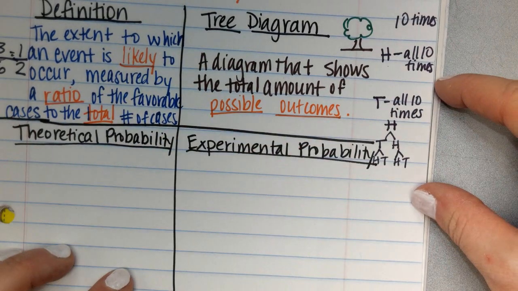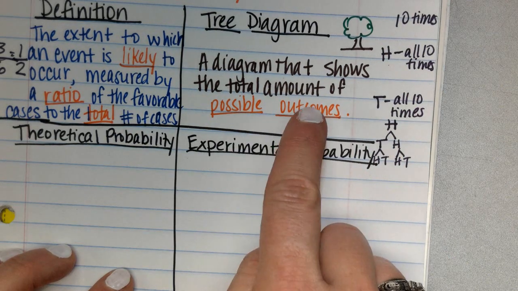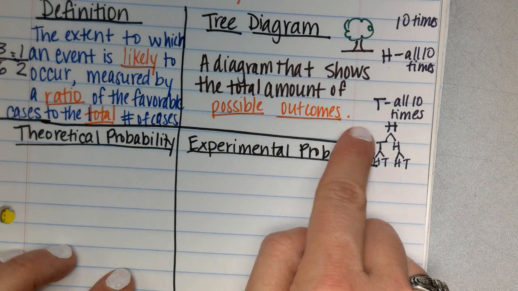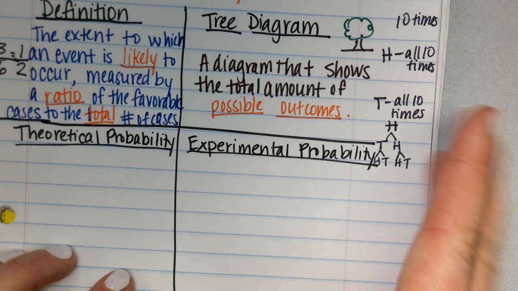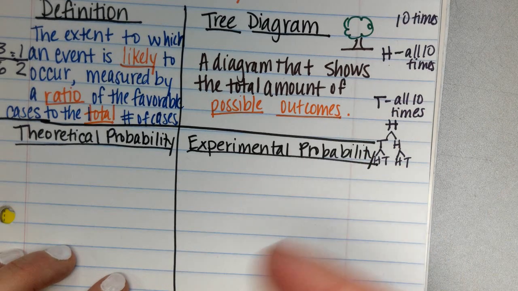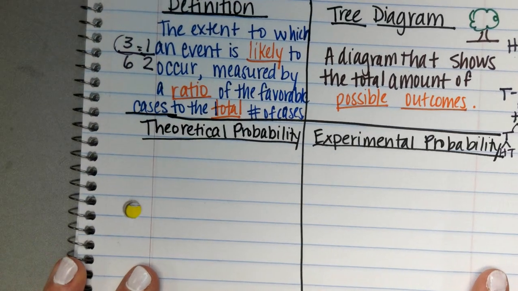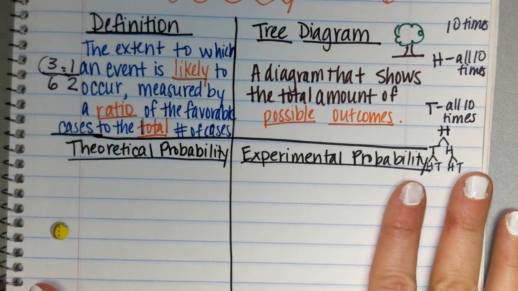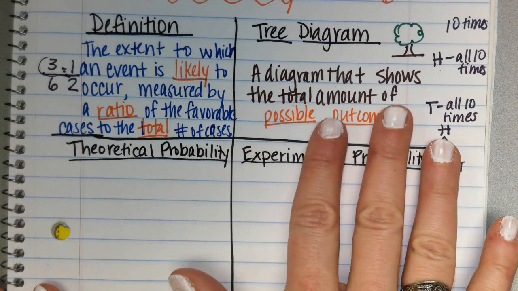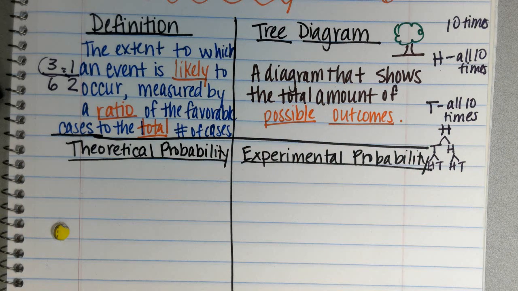It could also be a horizontal tree diagram where you start out like H would be here, and then you'd have TH, TH, like that. So you would map it out as you flip the coin. That's a tree diagram with the possible outcomes. We'll be doing a lot more of those, so don't get bogged down if that was not an example that you really understood right now. We'll be doing some more in class.